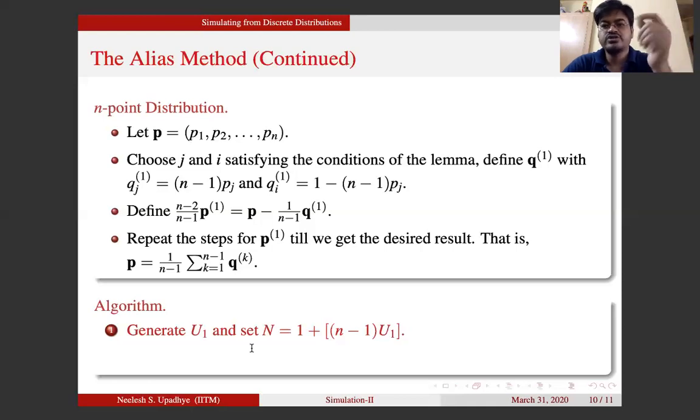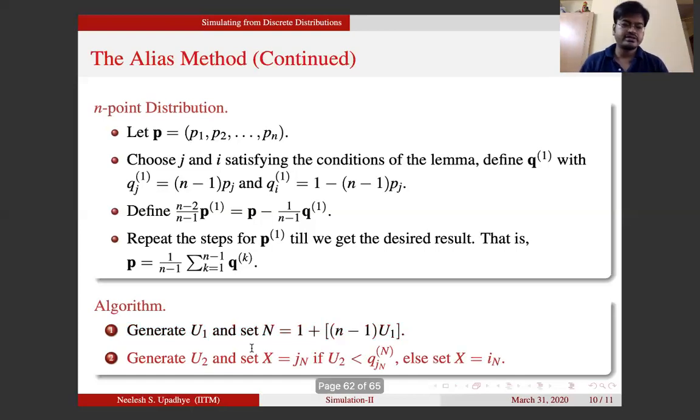If not, choose the other point. This should be the algorithm. So that can be written in this manner. You generate another uniform random number u2. Set x is equal to jn if u2 is less than the probability corresponding to point jn. Otherwise, you set x is equal to in. That's all. This is the algorithm.